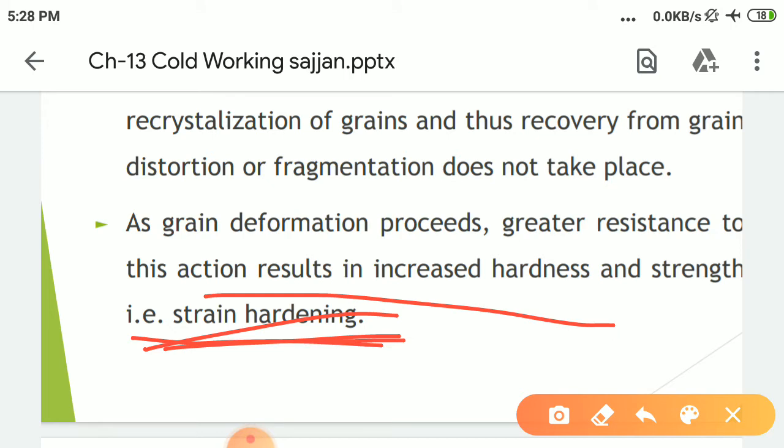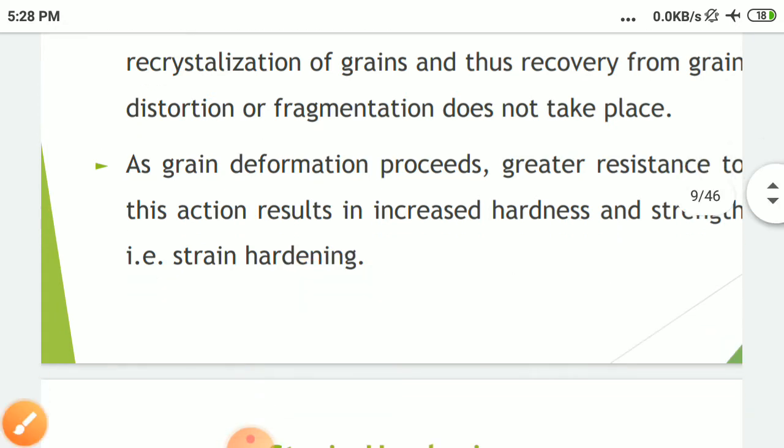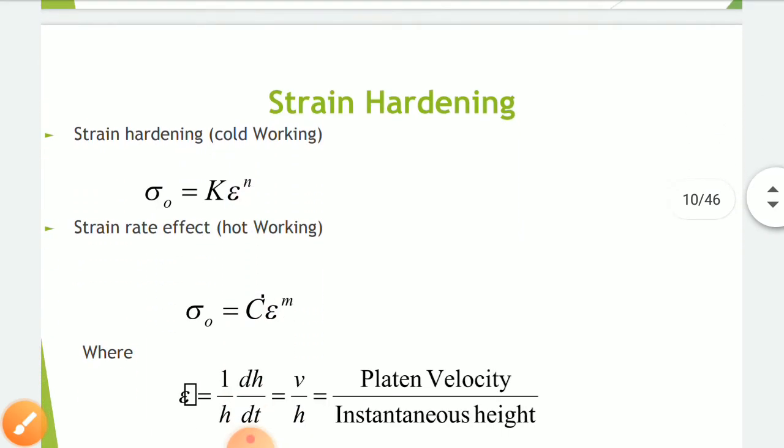Strain hardening is the action by which the material resists deformation. It is given by sigma equal to k epsilon power n, where n is the strain hardening exponent and k is the strain hardening constant.